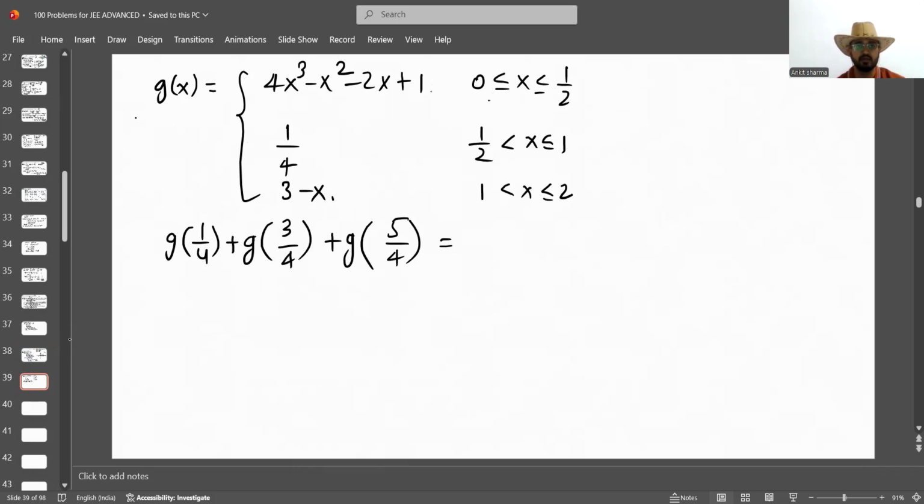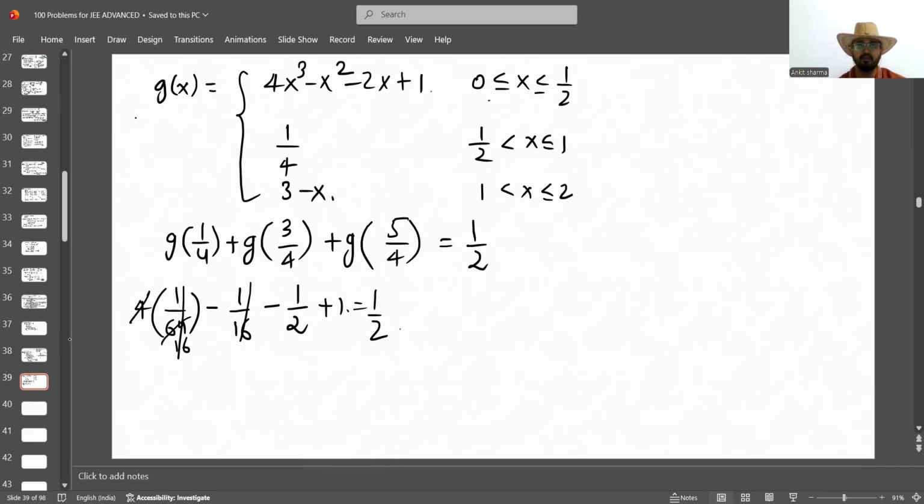So this will give me 4 times 1 over 4 cubed, which is 1 over 16, minus 1 over 4 squared, which is 1 by 16, and then minus 2 by 4, which is half, and then plus 1. So this is my g of 1 by 4. So 4 and 16, oh wow, celebration begins. 1 minus half will be half here. So g of 1 by 4 is half.